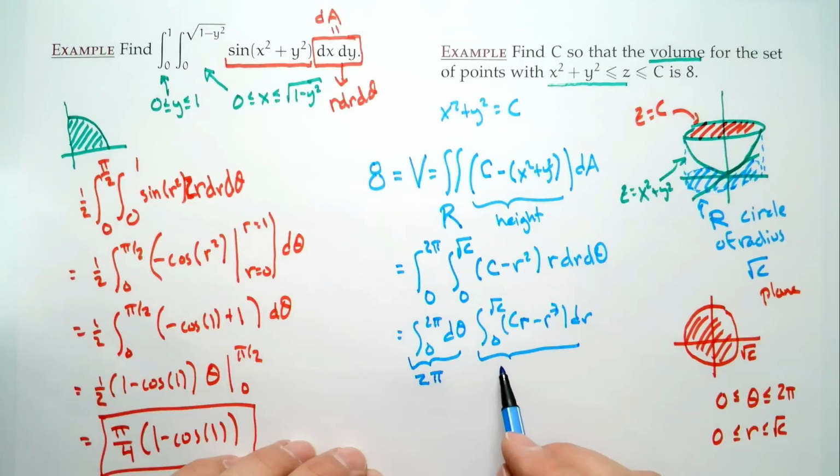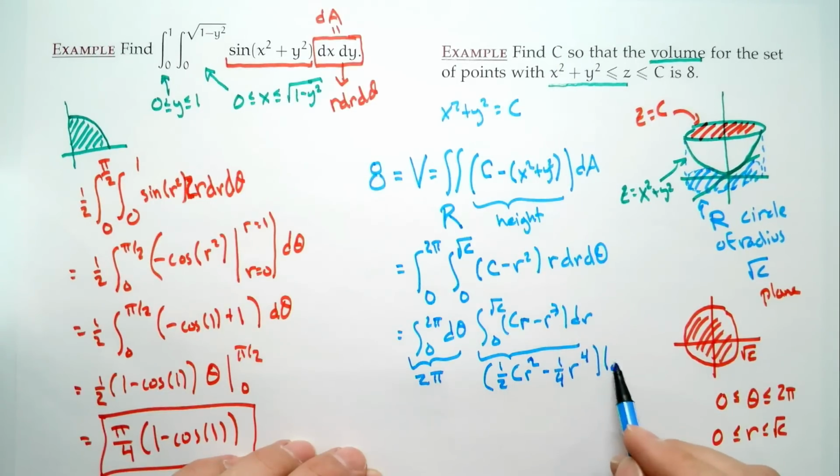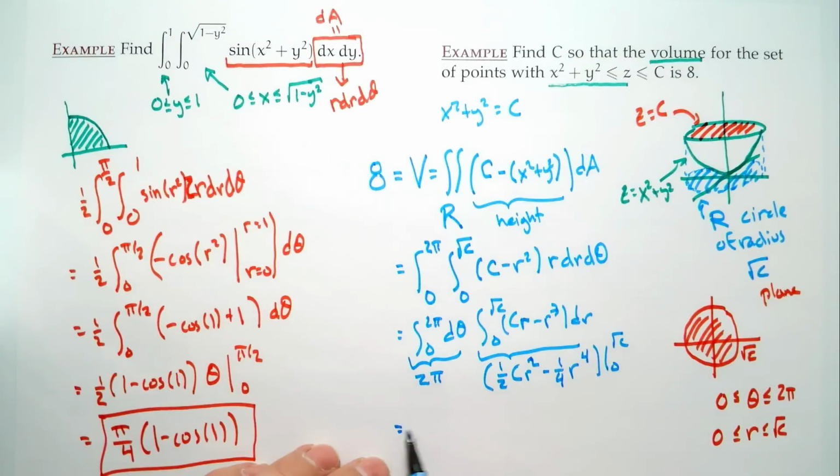The antiderivative of cr is 1/2 c r squared. Remember, c is just a number. The integral of r cubed is 1/4 r to the 4th. And we're going to evaluate from 0 to square root of c. Well, so what do we get? We get 2 pi, 1/2 times c, because square root of c squared will be c.